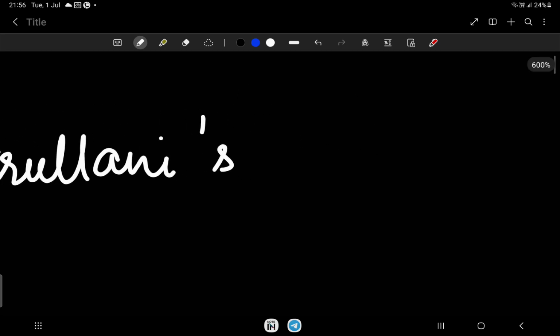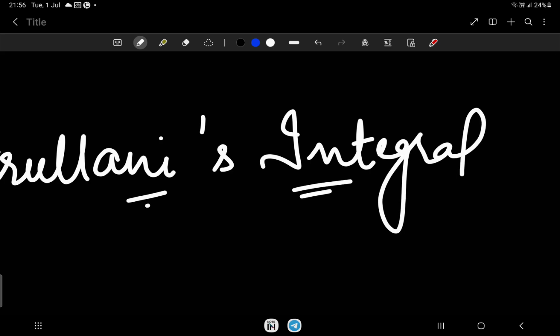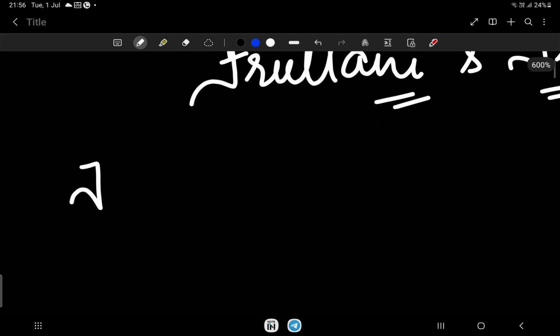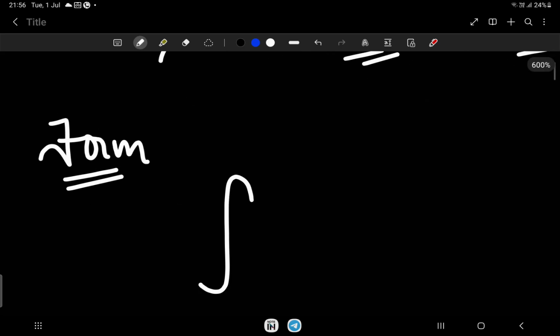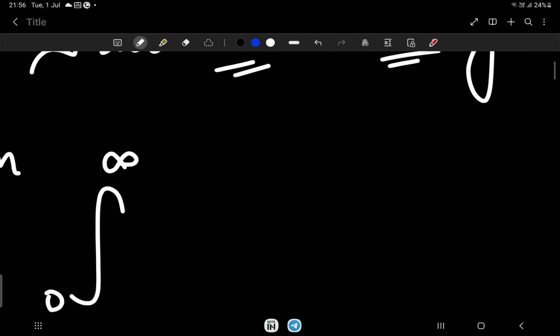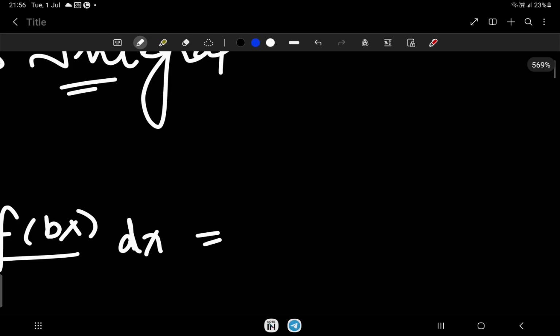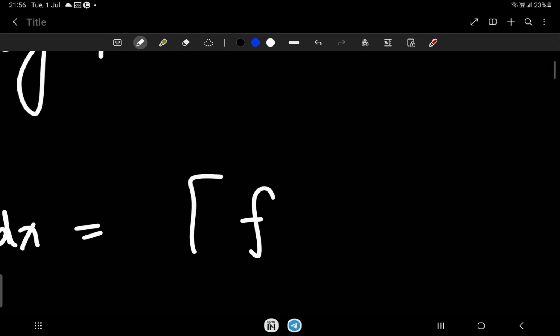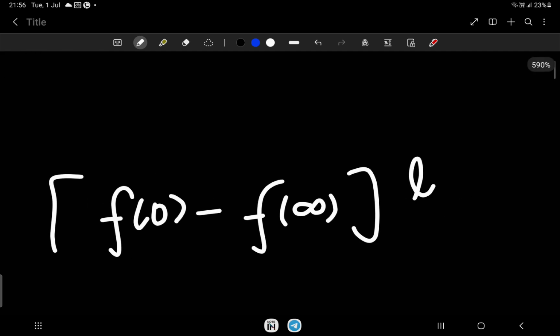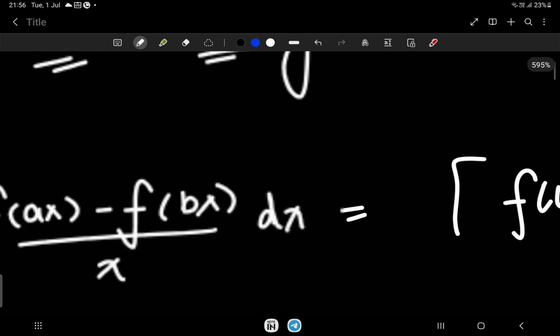We will be studying Frullani's integral. First, let us get ourselves familiar with Frullani's integral form, which goes like this: the integral of (f(ax) minus f(bx)) by x dx equals ln b by a, right?